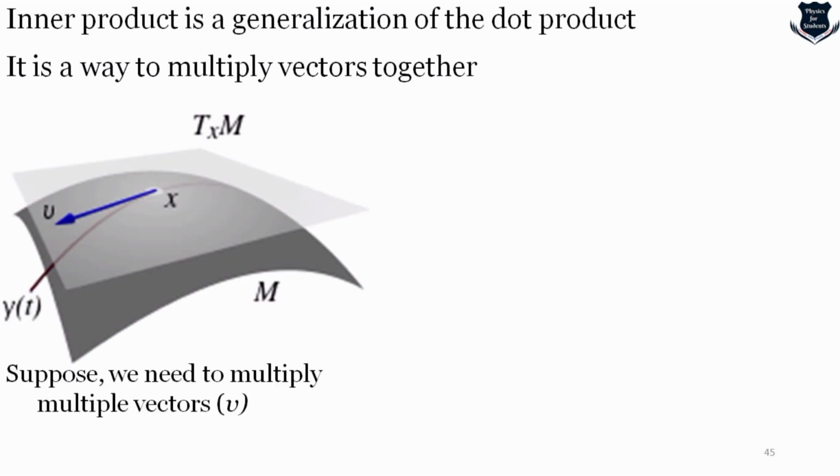The idea is that suppose we need to multiply multiple vectors, not only this one vector v. Why? Because on a space-time which is curved, multiple objects are moving. So how do we do it? Here is a kind of analogy: these are the multiple vectors which are moving. These are the multiple vectors. So the basic idea is this one.